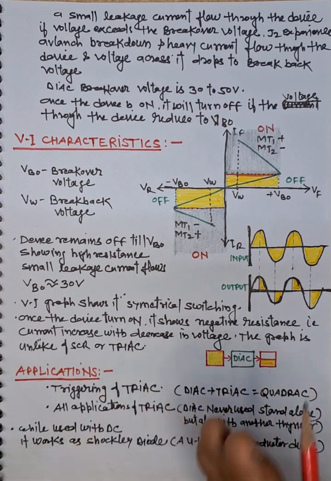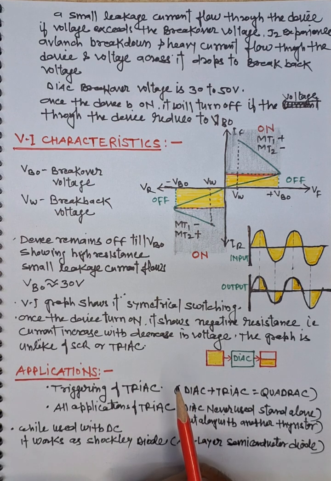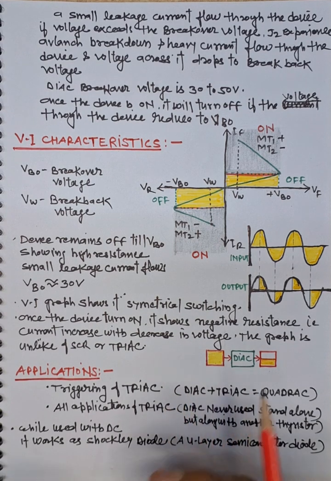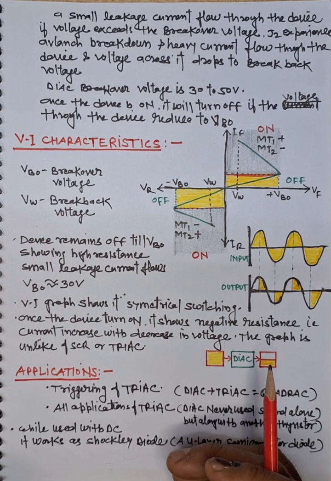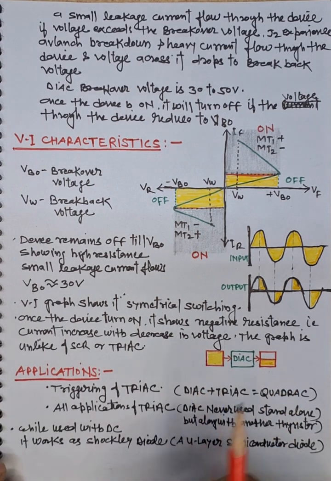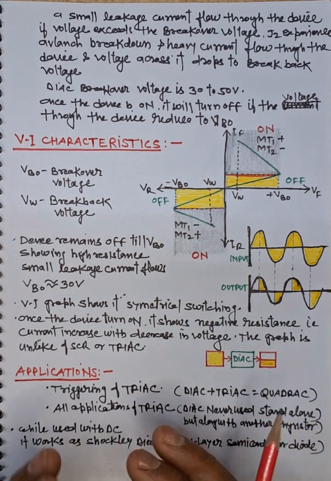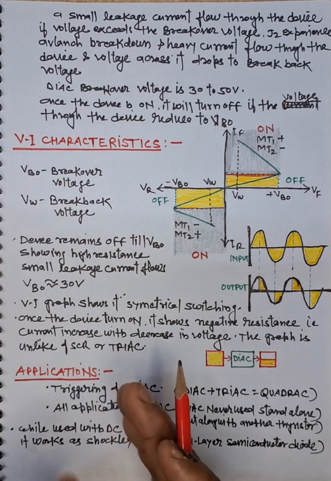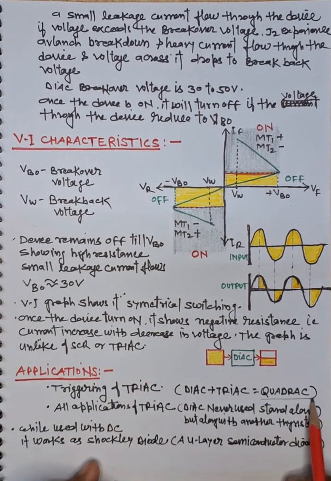So far we have studied the construction and VI characteristics. What is the utility of all this? As far as its utility is concerned, it is very frequently used for the triggering of TRIAC devices. Sometimes the DIAC is used along with the TRIAC in a single unit, which we call a quadrac.